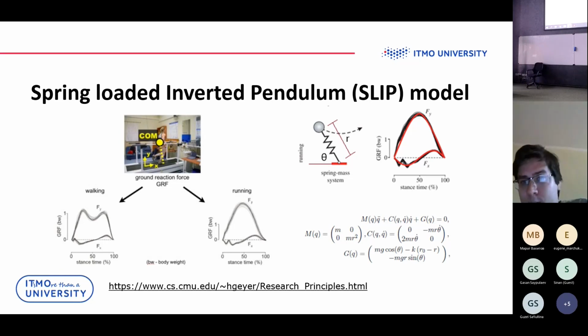As you can see, it's very, very similar, and it can be expressed as a simple model, the SLIP model, when a person or animal is running.